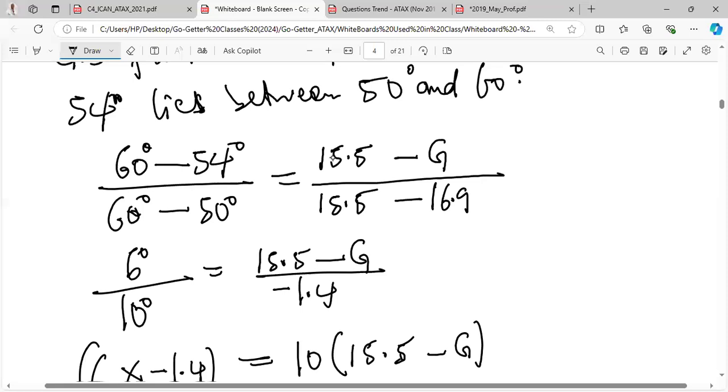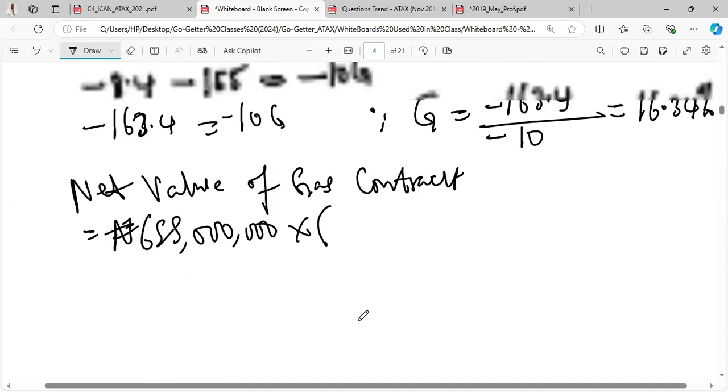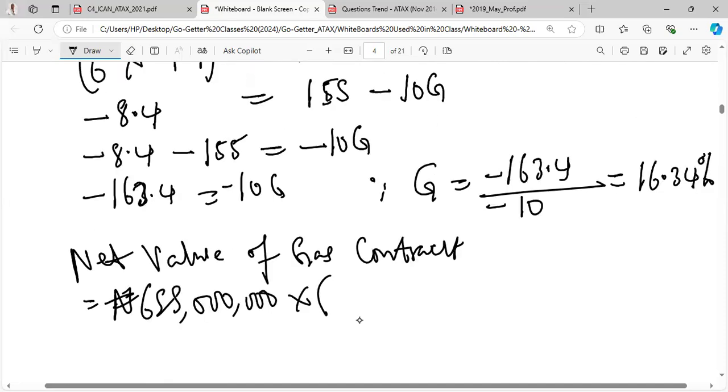So this is 655 million. Of course, you are supposed to remove 16.34%. So I will say 1 minus 0.1634. This is like saying this 655 million is 100%.